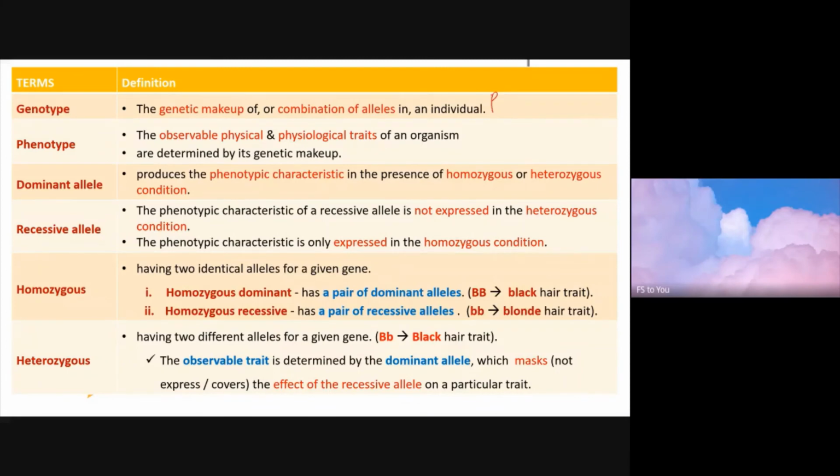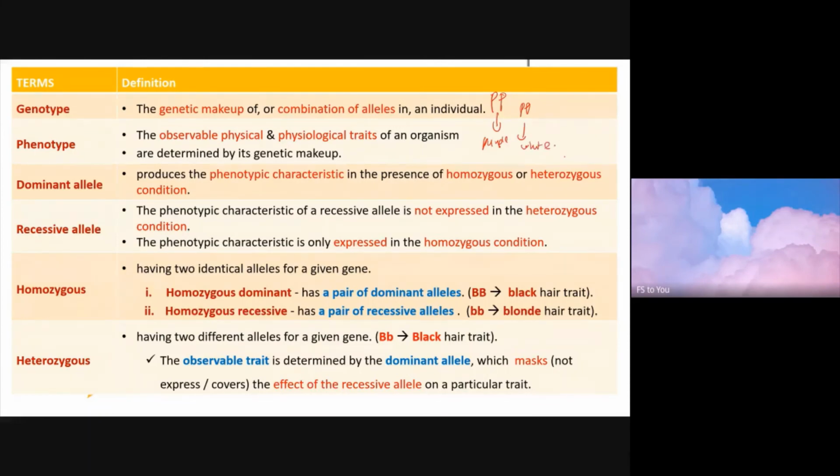Contohnya purple flower, capital P, small p. Itu adalah genetic makeup, different combinations of alleles. Phenotype, the observable physical and physiological trait of an organism determined by its genetic makeup. So phenotype dia apa? Purple, white.